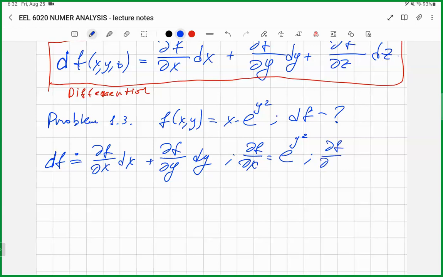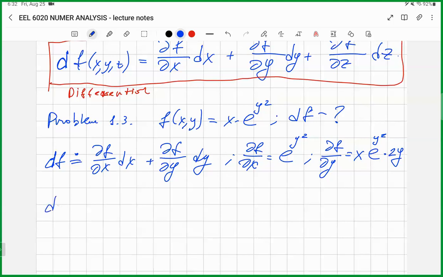Then ∂f/∂y. Again, when I take the derivative by y, I keep x unchanged, so I can take it out. Then I take the partial derivative of e to the power of y squared. I apply the chain rule, so it's equal to e to the power of y squared, and I also have to multiply by the derivative of y squared, which is 2y.